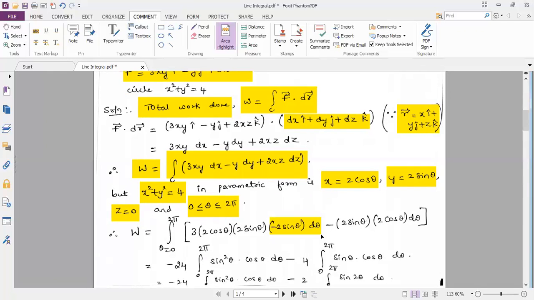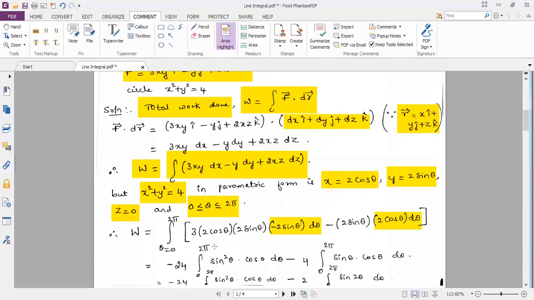Then minus y dy is substituted: y is 2 sin theta, and dy, the differentiation of y, is 2 cos theta d theta. And for the last term, the z value is 0. So since z is 0, dz is 0 and the entire expression is 0. So we get this expression for W.